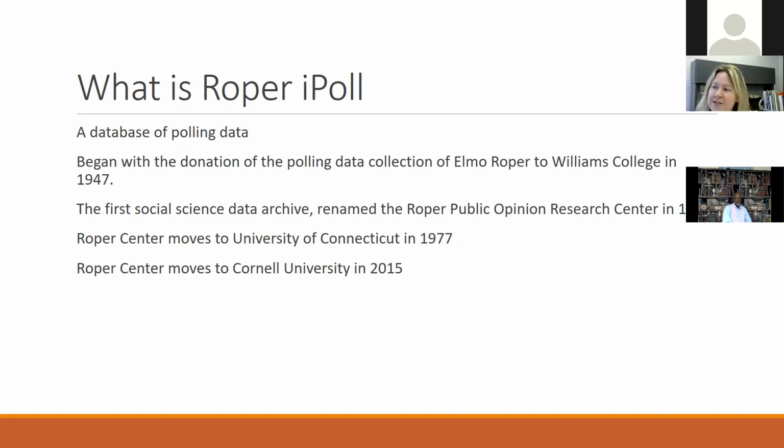But as time has gone on, I think the need for the physical space has really shrunk. When we think that this began in 1947, it began in a very different environment than how we use it today. And just to make sure we all know that the Roper Center now lives at Cornell University.